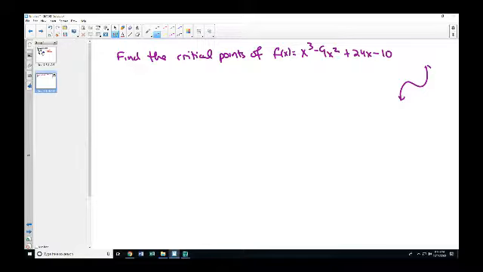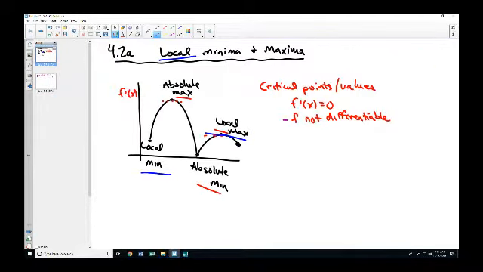No. Okay, so this is differentiable for all real numbers. So we don't have to worry about that one condition right there. Okay.